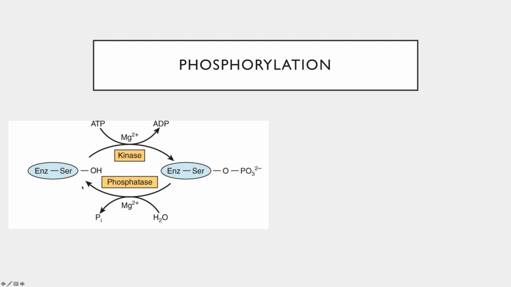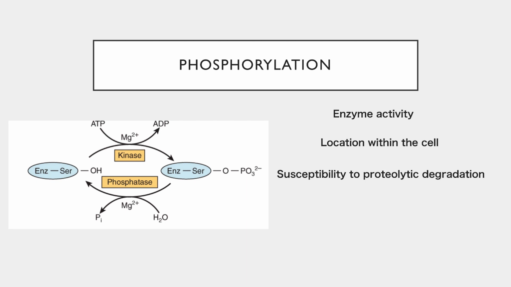The phosphatase, remember, is a hydrolase reaction and will dephosphorylate the enzyme. Keep in mind the major role of phosphorylation for this course will be the regulation of enzyme activity. It can also influence the location of an enzyme within the cell, the susceptibility of the enzyme to proteolytic degradation, and the regulation by allosteric ligands.